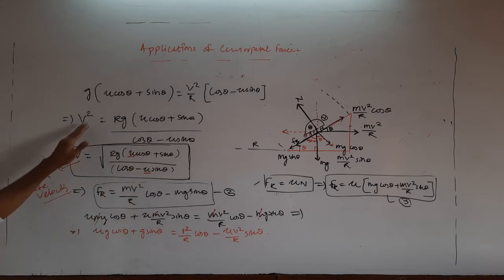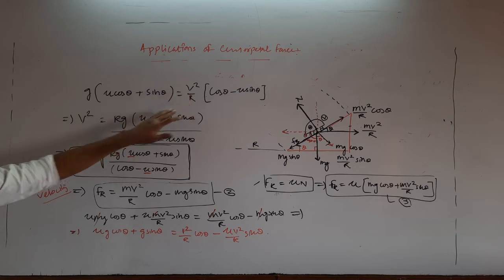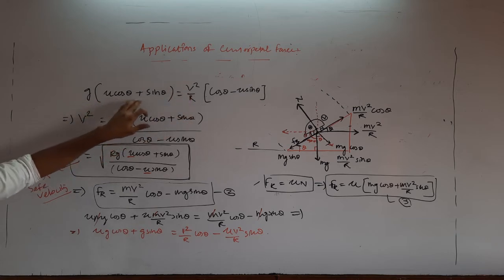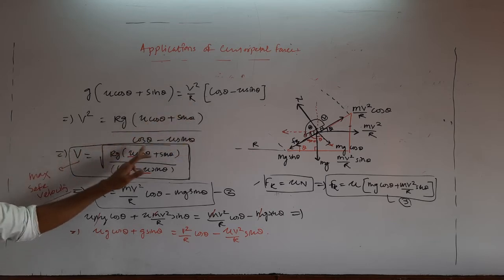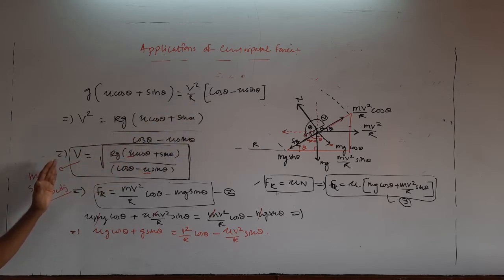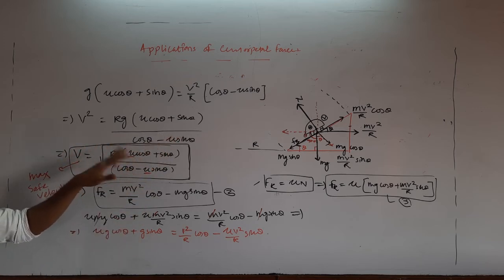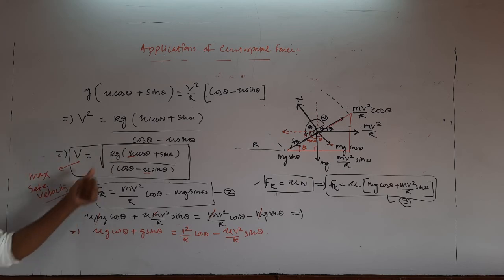So v will be equal to how much? Cross multiplying this, it will be rg mu cos theta plus sin theta divided by cos theta minus mu sin theta. Then taking the square root, we will get the maximum possible safe velocity for which the vehicle can take a turn on this banked road of inclination theta having coefficient of friction mu of radius r. Clear? So you have to remember this formula.